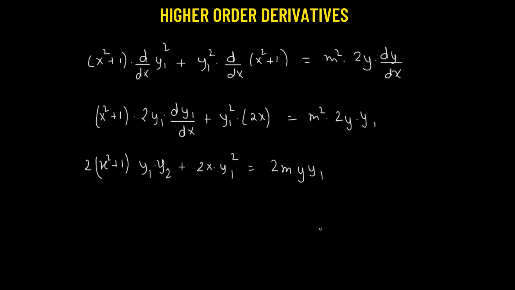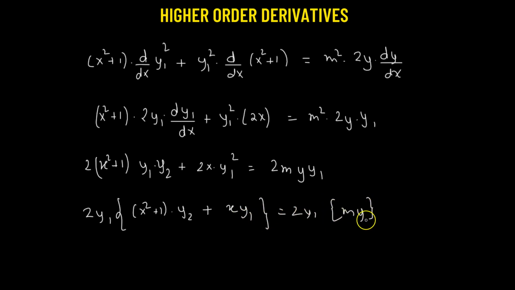Now we have y1, so we'll take 2y1 as the common factor, so that gives us (x squared plus 1) multiplied to y2 plus x y1, which is equals to 2y1 times m squared times y. Now we know that the first derivative of y with respect to x cannot be equal to 0. So this means that (x squared plus 1) times y2 plus x times y1 equals m squared times y.